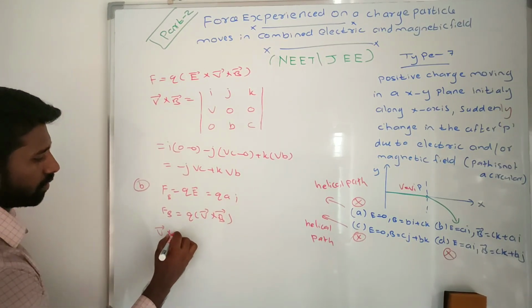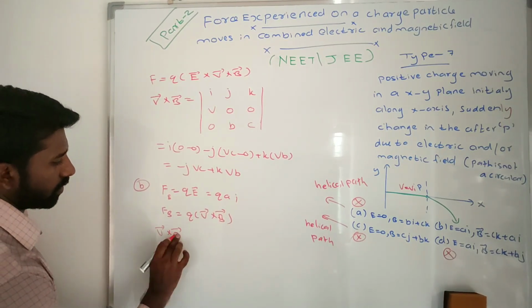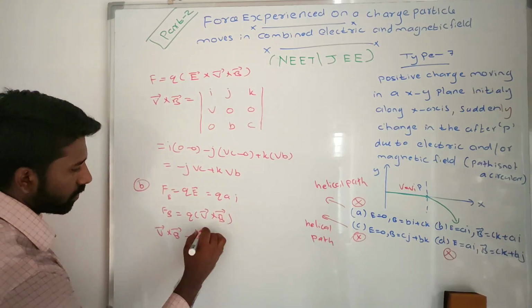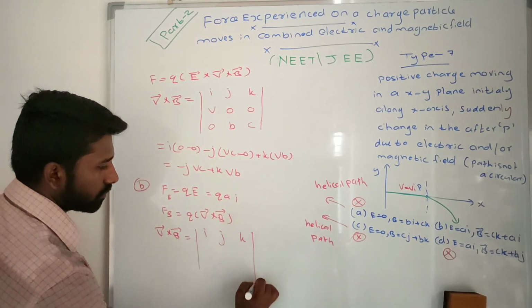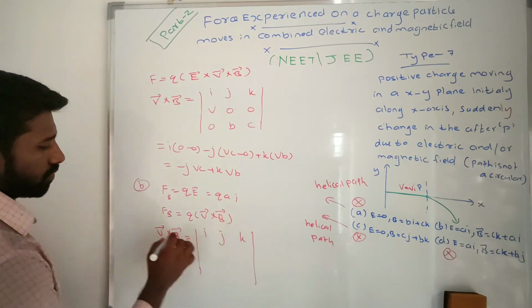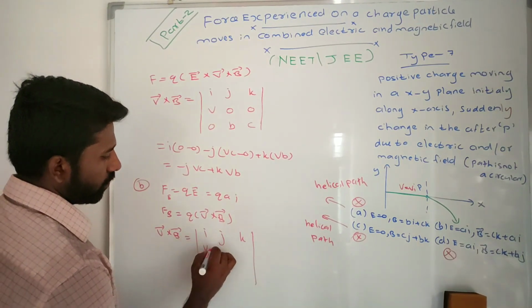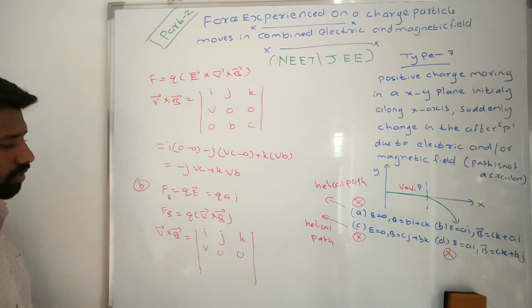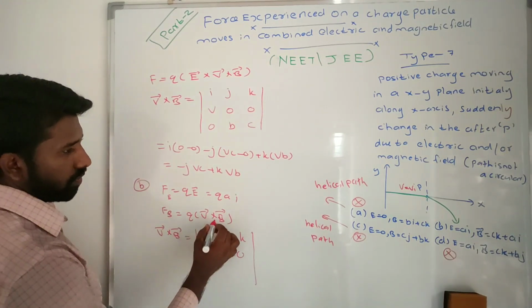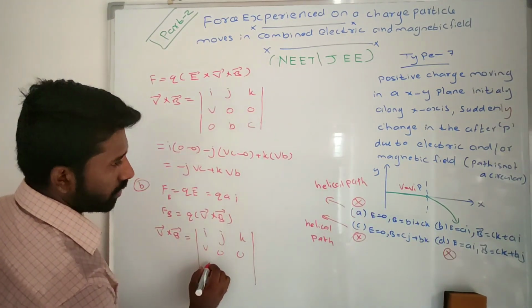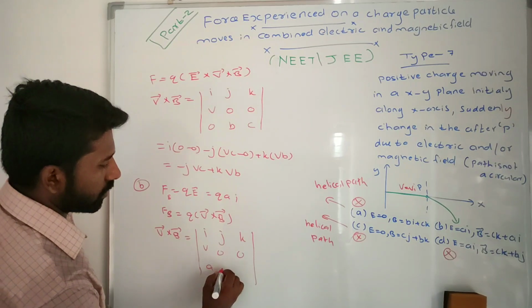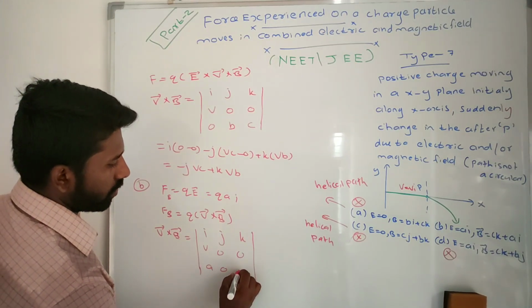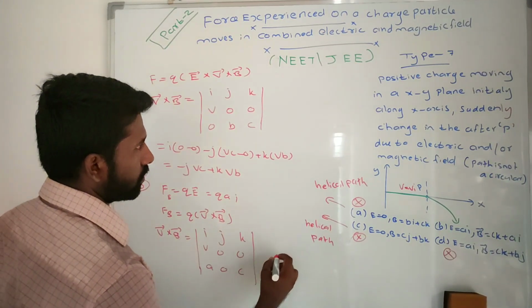What about the V cross B here? i, j, k. For the first vector, V is equal to V, and there is no j and k component. Next, the B vector: its i component is A, no j component, and the k component is 0. We'll expand this.